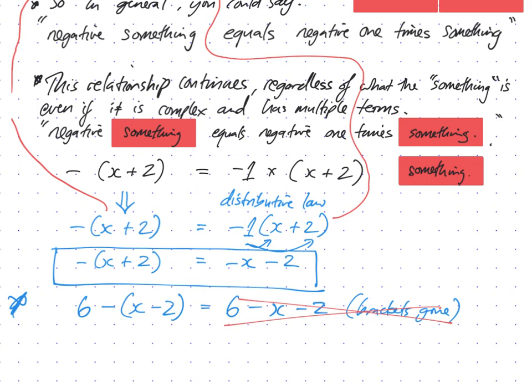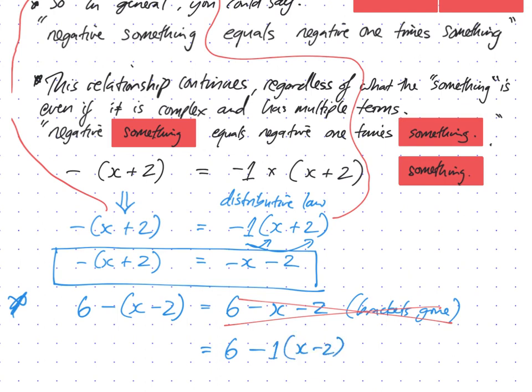So you have to follow the rules that were given above, and you're actually going to write 6 take, and what we've established here is that the negative version, negative everything x take 2, is the same as negative 1 times the x take 2. So that's exactly what I'm going to write. Negative 1 times x take 2.